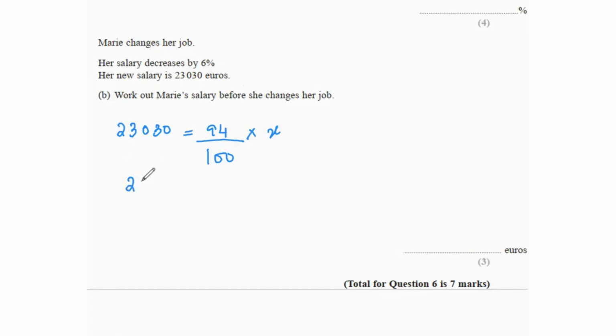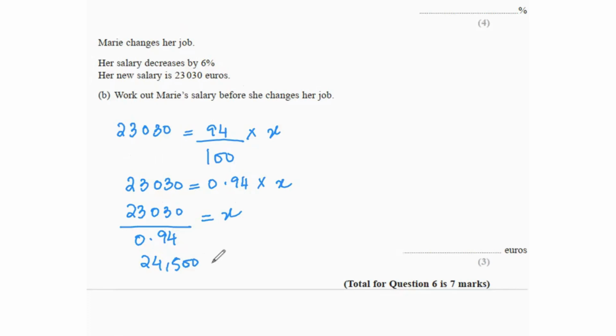So 23,030 is 0.94 times X. Then we divide 23,030 by 0.94, which is 24,500 euros. That was what she was earning before she changed her job.